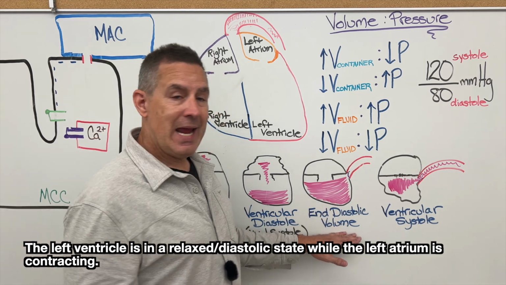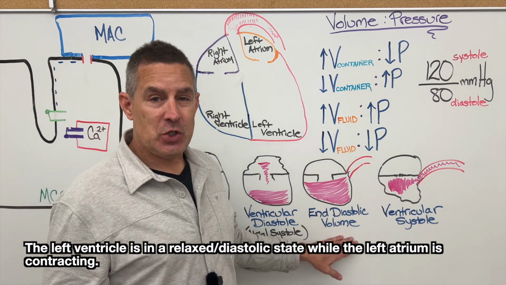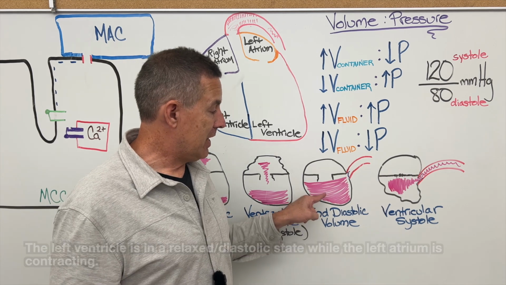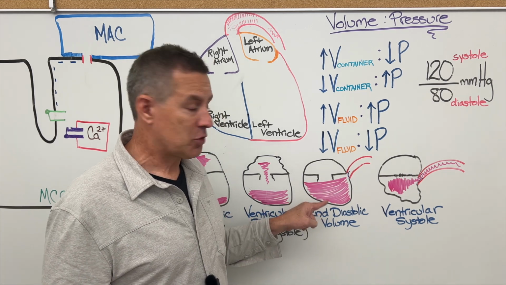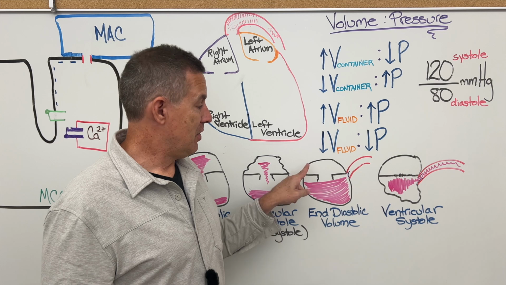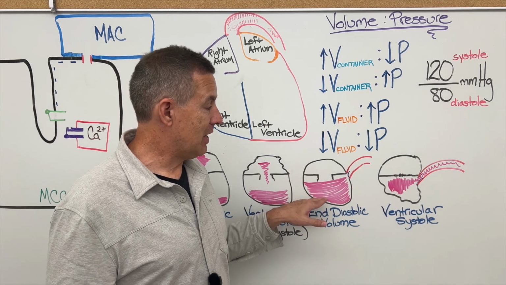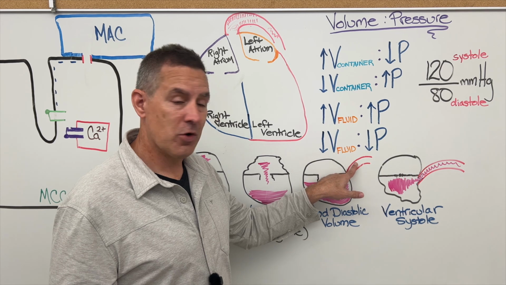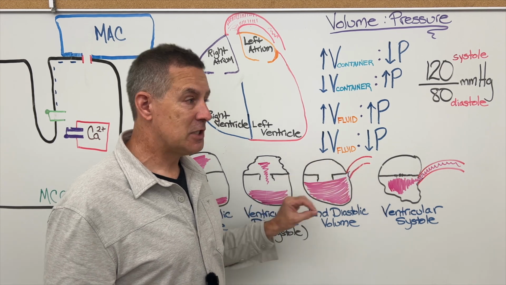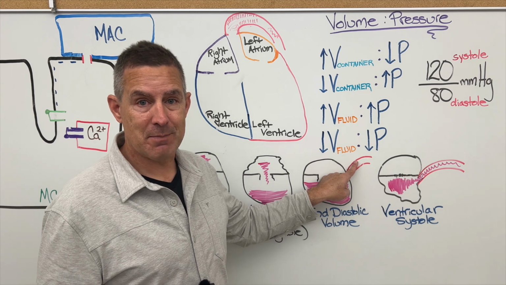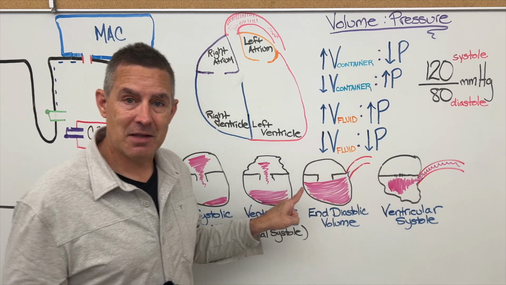At the very end of diastole, just before contraction or just before systole, blood is remaining in the left ventricle. In theory, there's no more blood in the left atrium moving down here. And the reason that blood is not being ejected out the aorta right here is because at this moment, pressure is still higher in the aorta or in the systemic circulation than it is in the left ventricle.